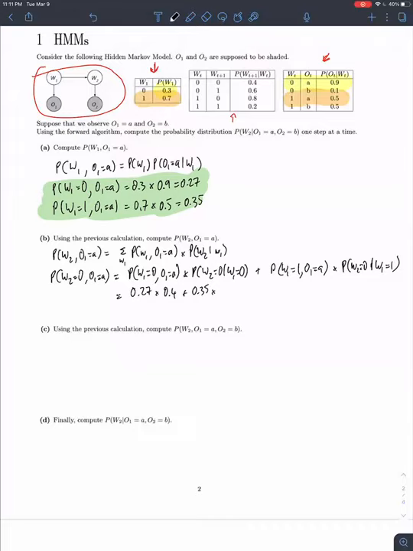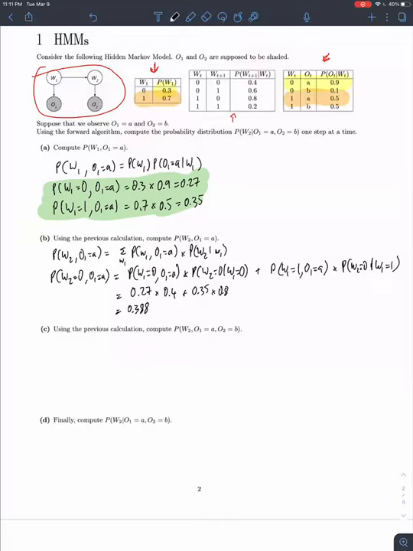And W2 is 0 given W1 is 1. That is 0.8. And if you calculate that out, that's equal to 0.388. I'm lucky to have the answer in front of me. I can't just do that in my head.